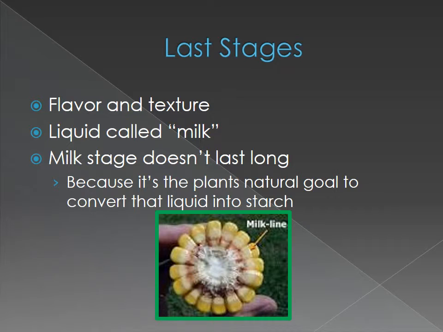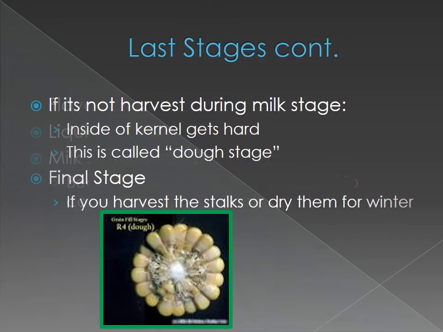The next stage of corn's growth determines the flavor and texture of the kernels. Newly formed corn kernels are full of liquid, or milk. The milk stage doesn't last long in most varieties because the plant's natural goal is to convert that liquid into starch.